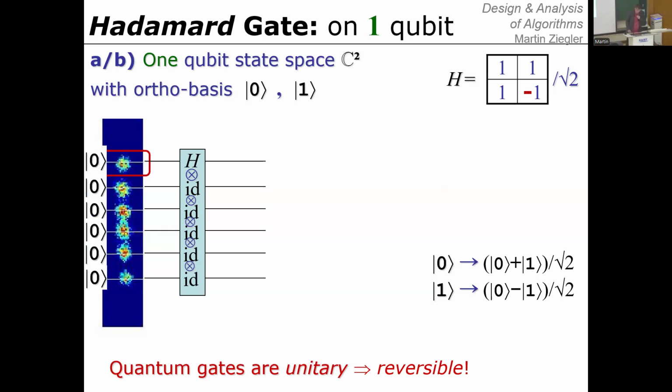So let's say the input state, all qubits are in the 0 state. And remember, we abbreviate this in this way. So that's a 6-digit binary 0, right? This way, or this is the same.